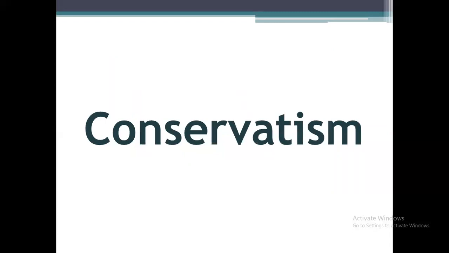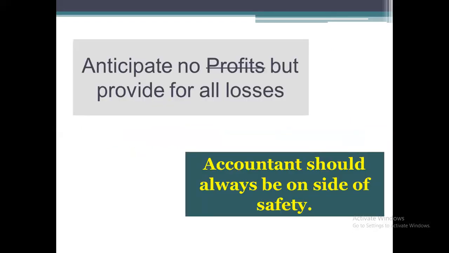Conservatism, as the name says, is coming from being conservative. This says anticipate no profit but provide for all the losses. This convention came into the picture because there are a lot of chances of some losses, right?